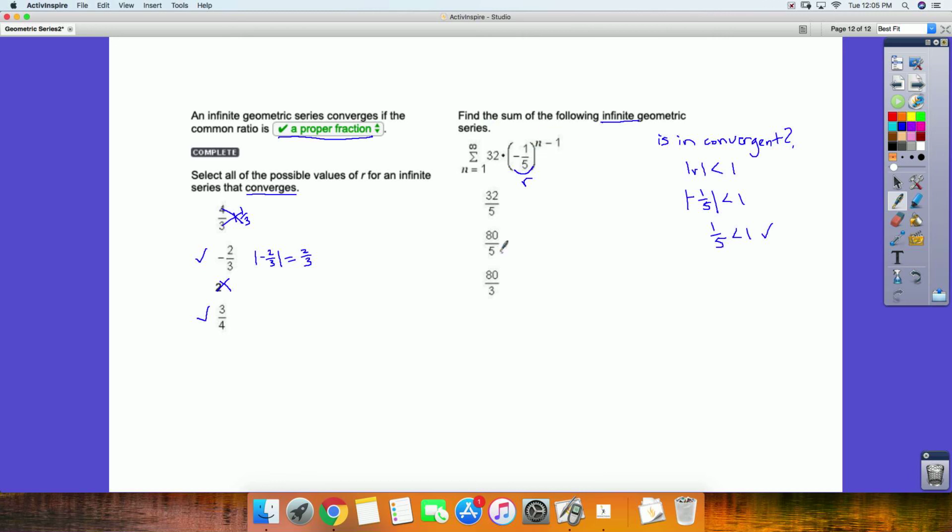So since I can solve it, we're going to go back to our sum formula, and we're going to use 1,000. We know our initial amount is 32 times 1 minus negative 1/5 to the 1,000 power, all over 1 minus negative 1/5.